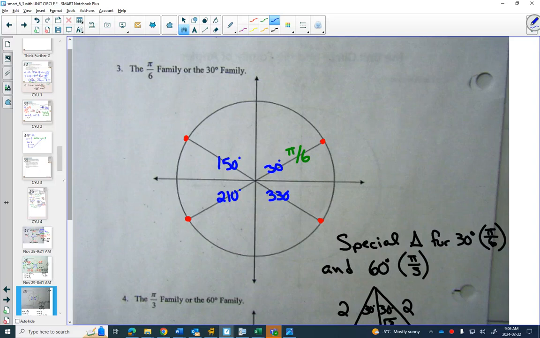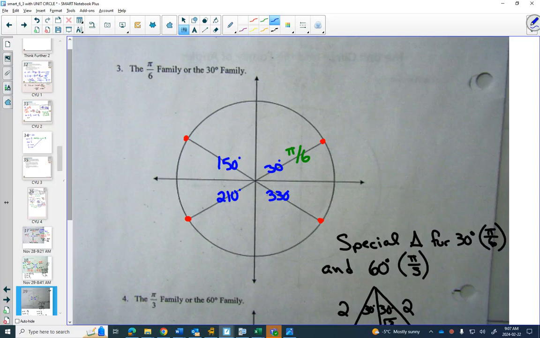Pi over 6. How did the 30 seconds go with radians?